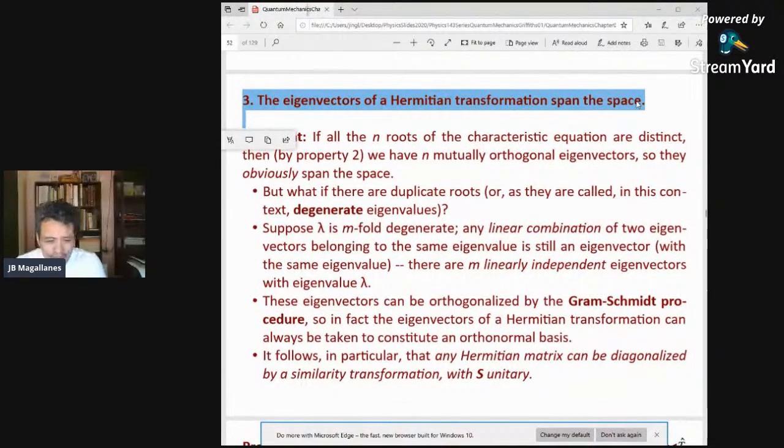Example of vectors that span the space is ijk. Ijk span the three-dimensional space. And of course, every vector in three-dimensional space, you can write it in terms of ijk. Ijk is just 1, 0, 0, 0, 1, 0, 0, 0, 1 for the ijk unit vectors.